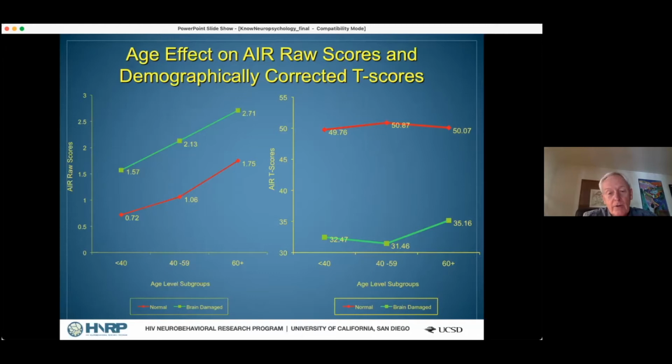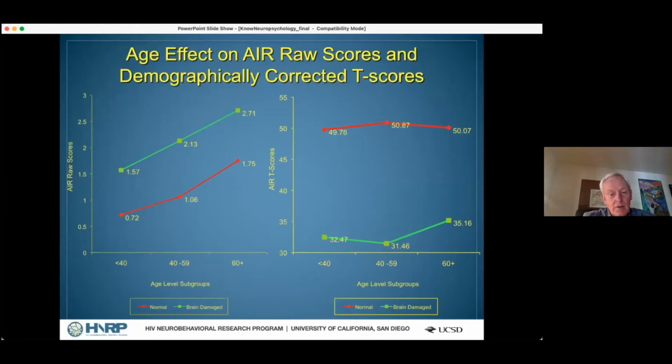On the right, you see the T-scores again here. High is good, and 50 is expected. And for all 3 levels of age, the means are 50. And down below, you see the brain damage groups. So there's not a significant age effect for either one, and there's a very substantial brain damage effect.